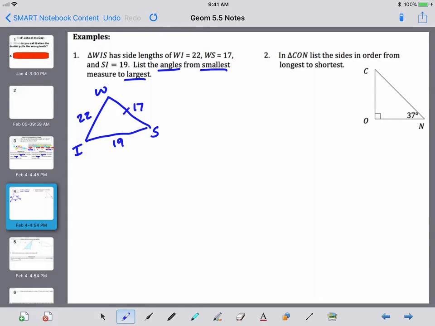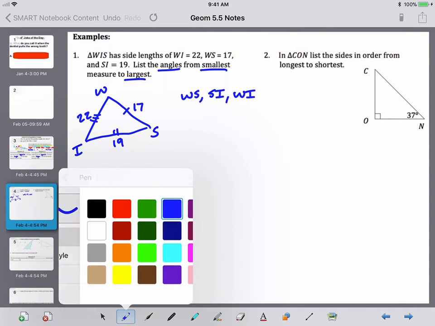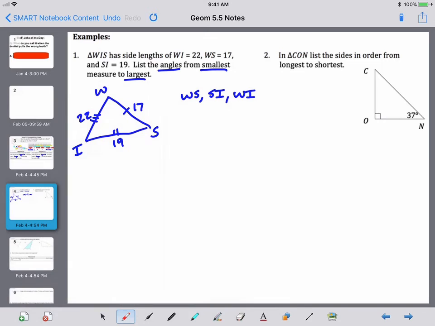So my smallest side is WS, my next biggest side is SI, and my largest side is WI.